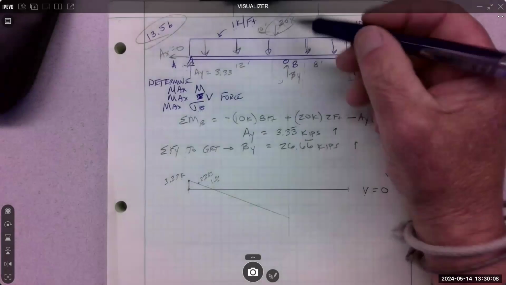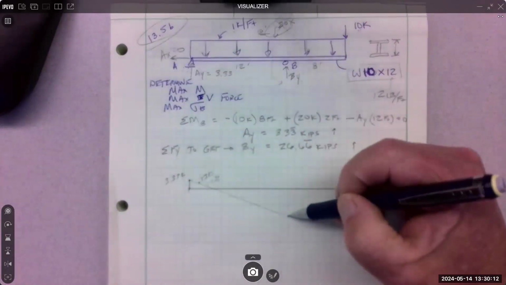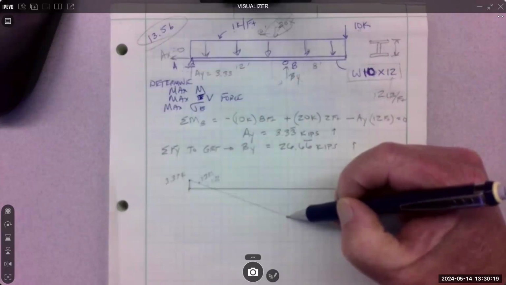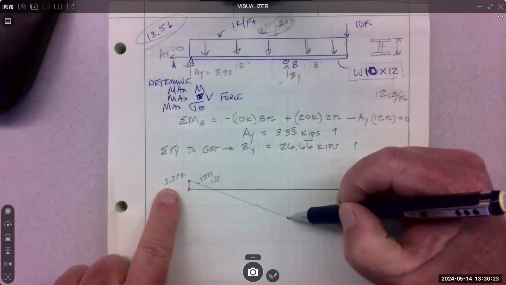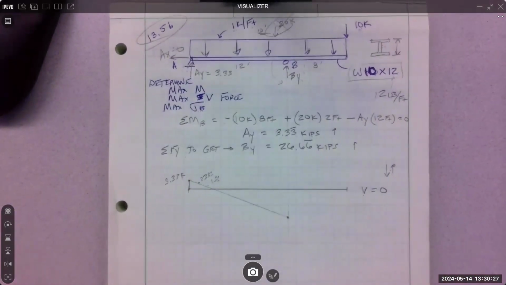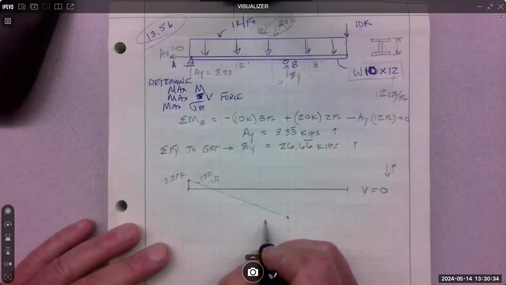So at this distance, how much did it fall? Yeah, 12 kips. So what's this number? Actually, 8.66. Yes, somebody needs to do the math. Yeah, so it's 12 minus 3.33333. 8.67, 8.66 repeating.